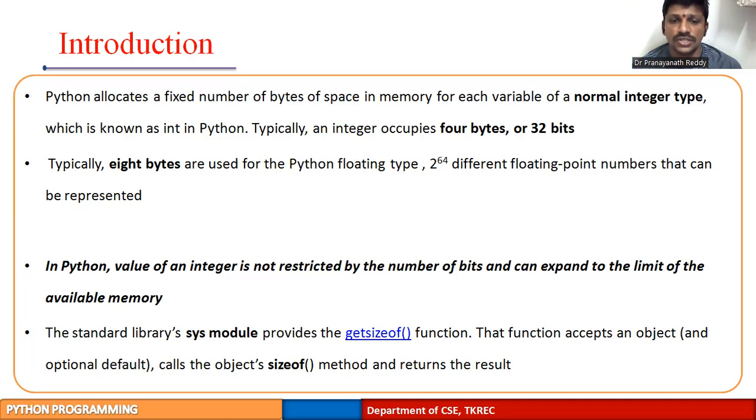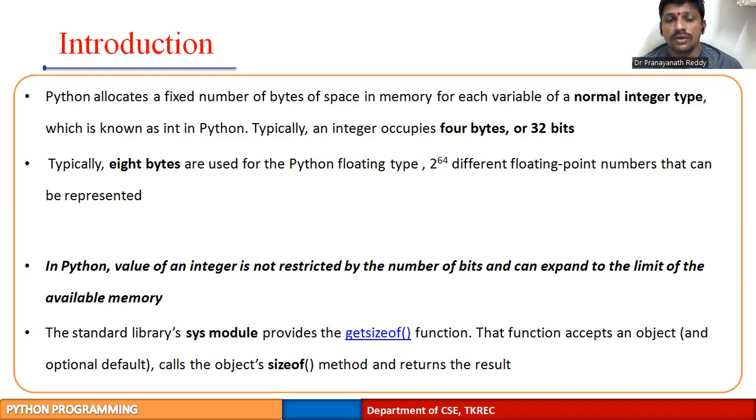So we don't have a restriction on the memory, right? In Python, the values of an integer are not restricted by the number of bits, and can expand to the limit of the available memory. And 8 bytes are used for the Python floating types, that is 2 power 64 different floating point numbers can be represented.